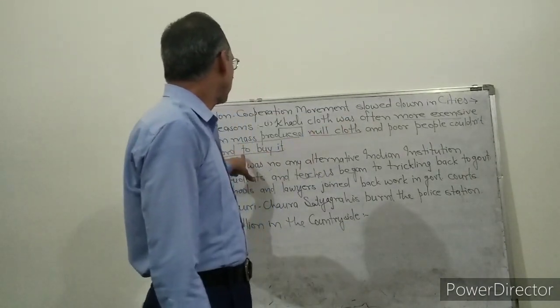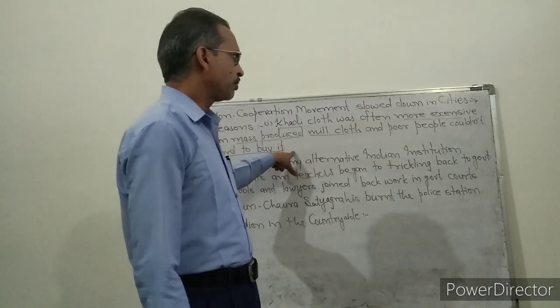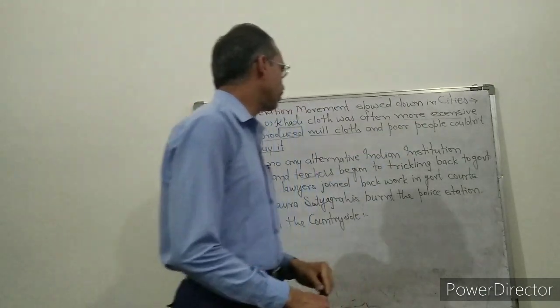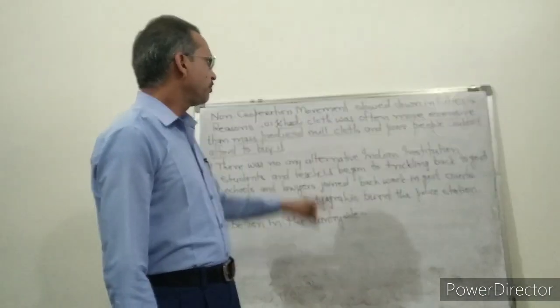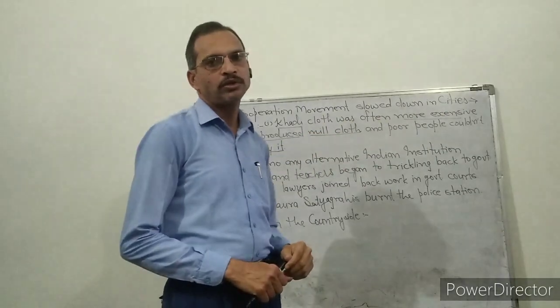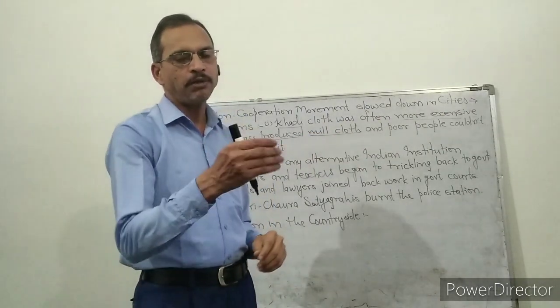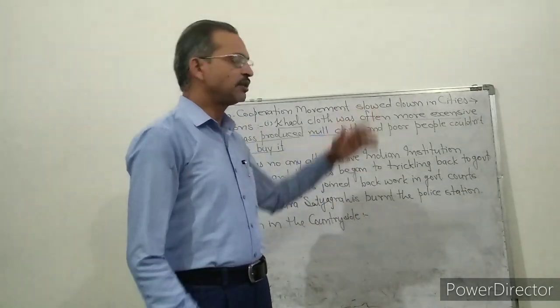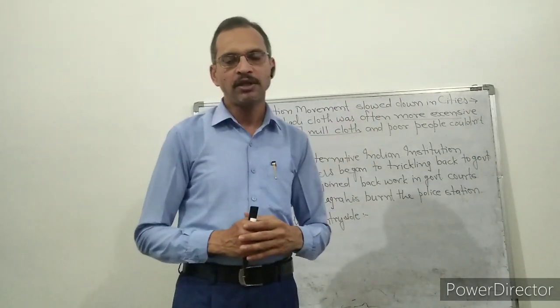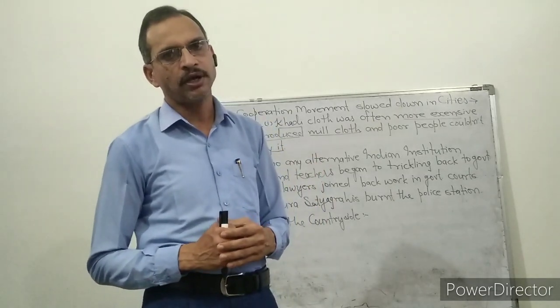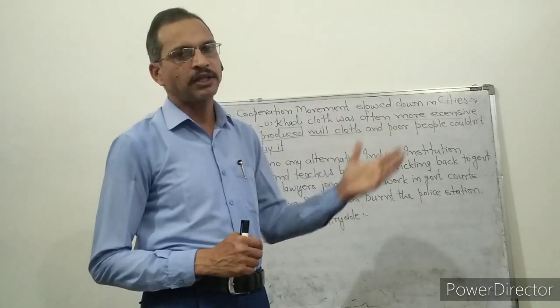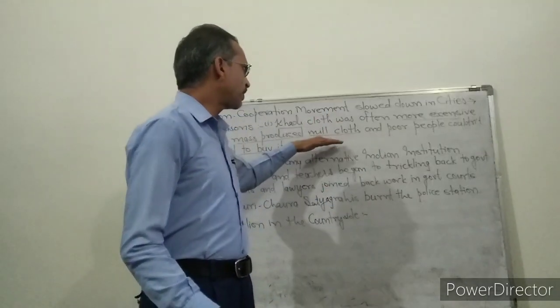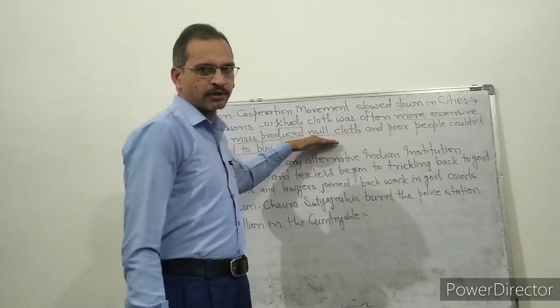Poor people cannot afford to buy it because it was so expensive. इंग्लैंड में बने हुए कपड़े के बजाय खादी लोगों के लिए महंगी पड़ती थी, वो उसे खरीदना अफोर्ड नहीं कर पाए, इसलिए ज्यादा लंबे समय तक वो नॉन कोऑपरेशन में इस चीज को फॉलो नहीं कर सके.